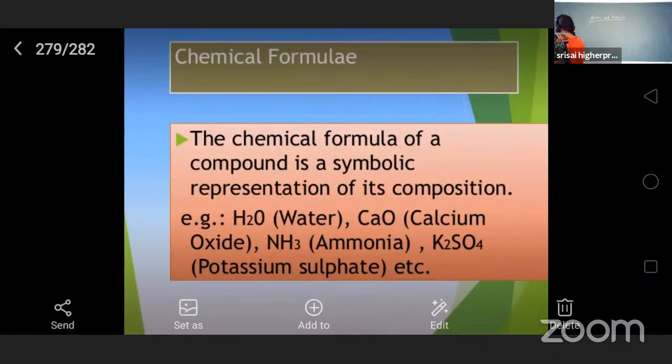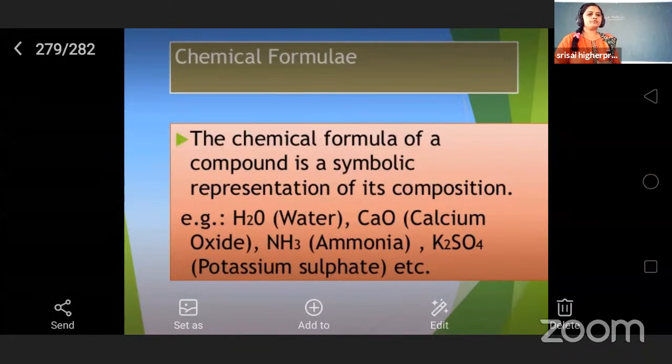Next, after ions, we can go to the chemical formula. What is the chemical formula? The chemical formula of a compound is a symbolic representation of its composition. For example, H2O, CaO (calcium oxide), ammonia NH3, and K2SO4 (potassium sulfate).